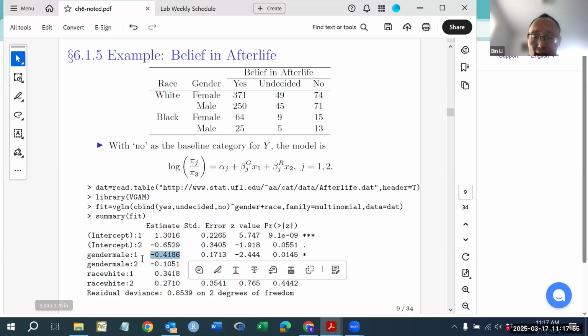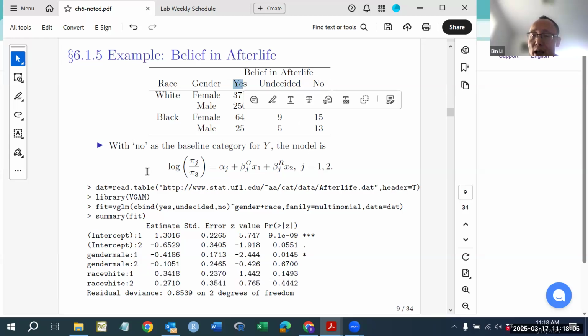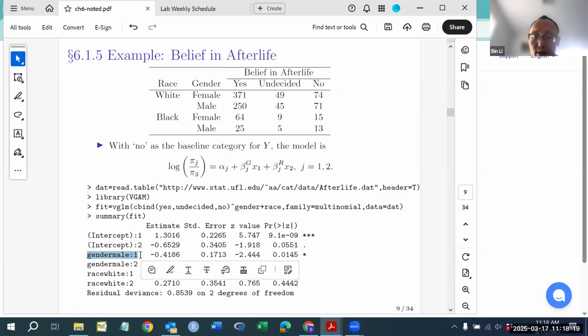That's the gender for male, and the 1 means j equals 1, which is yes. So we model the log odds between yes and no, right? Yes is j equals 1, no is the baseline. So that's gender male 1. For gender male 2, that models undecided against no. So how do we interpret this one?